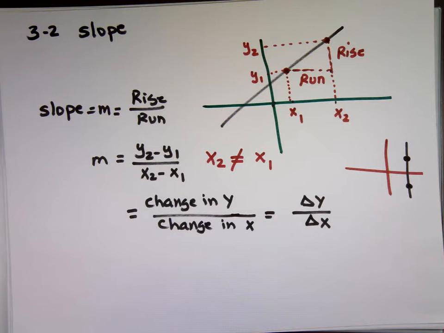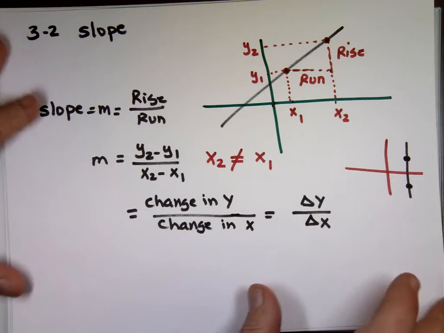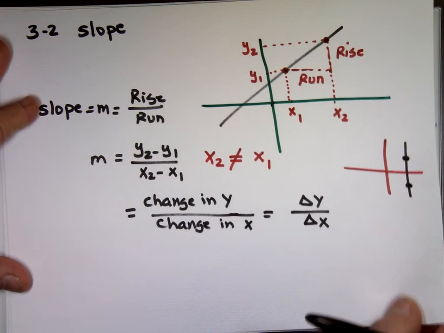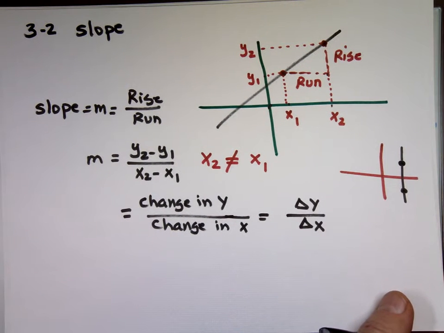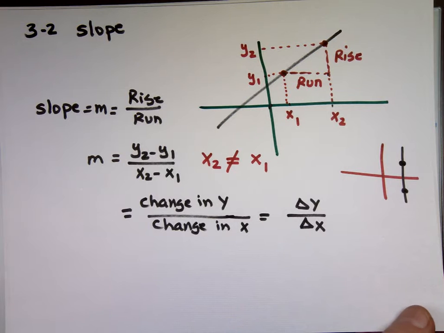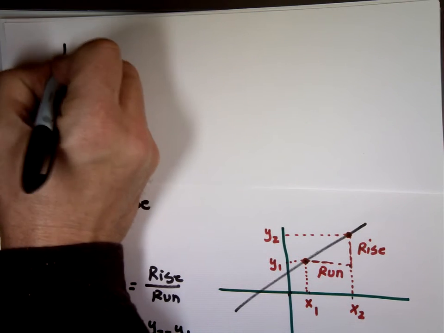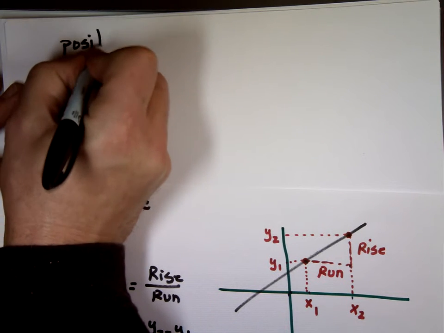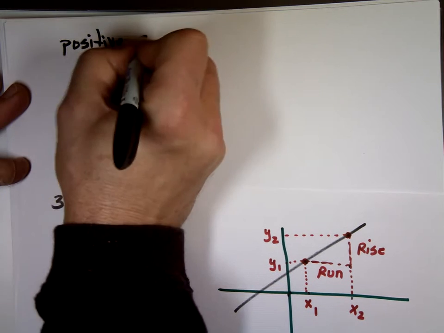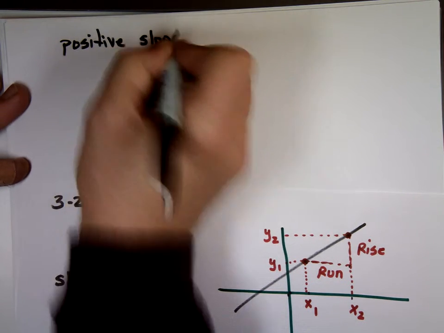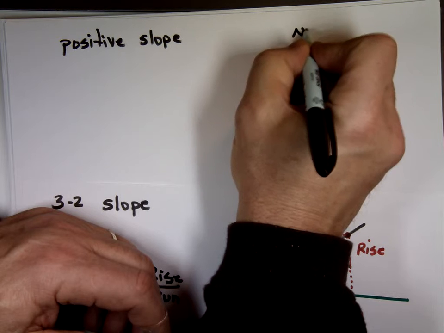We'll do some examples here, but before I get to that, there are 4 possible outcomes when you calculate the slope. You can have a positive slope. You can have a negative slope.